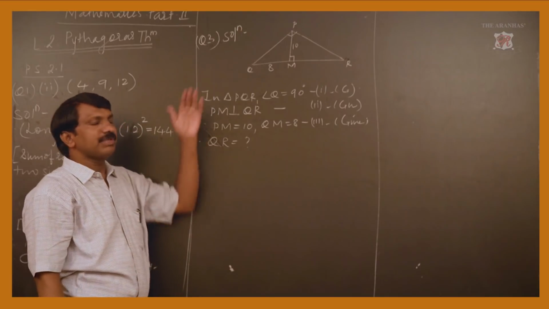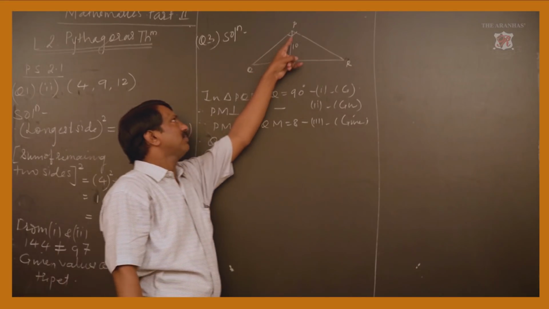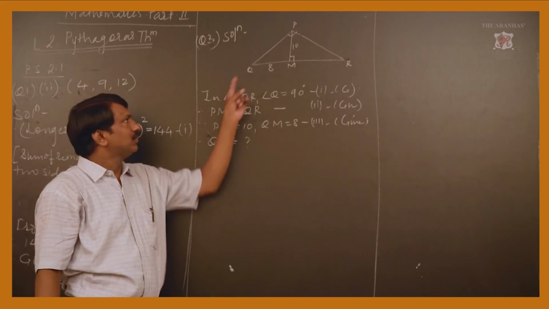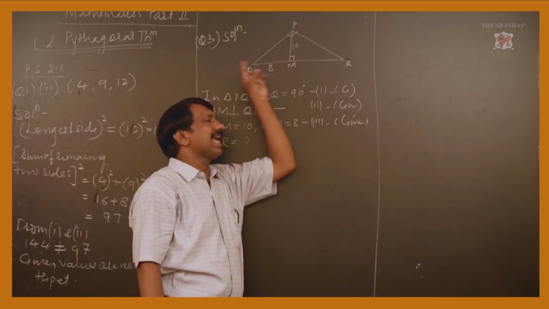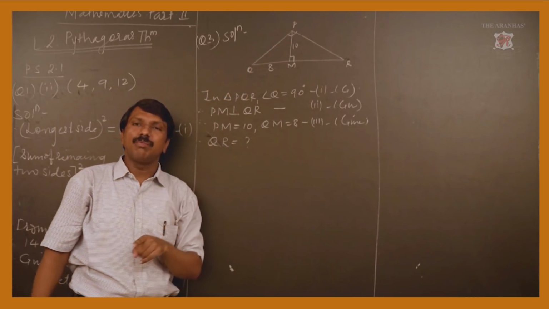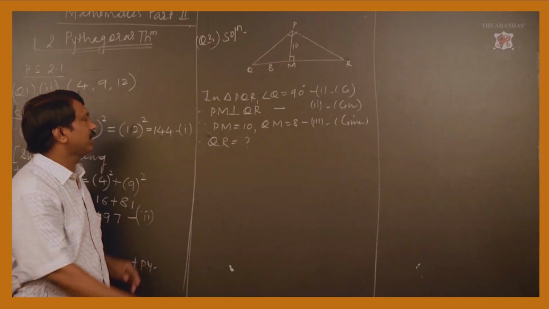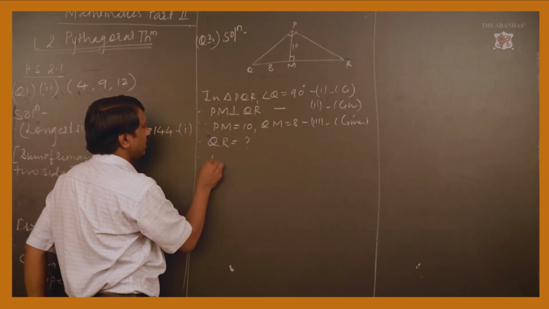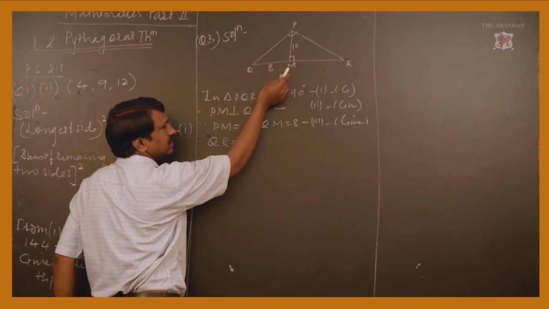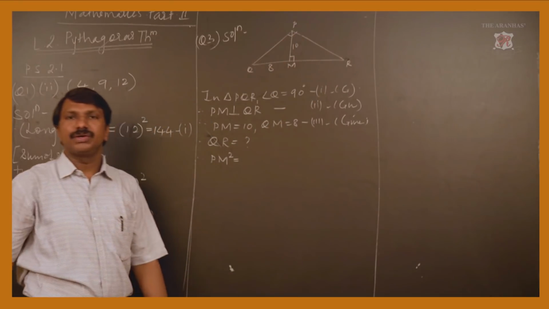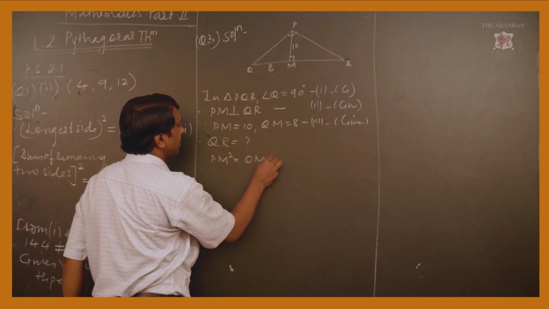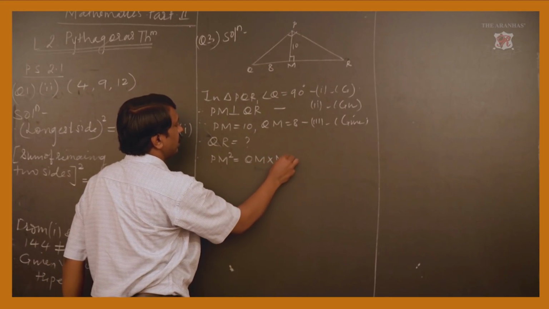So immediately we realize from the 90 degree vertex we construct the altitude on the hypotenuse. By this property, segment PM, the altitude, is known as the geometric mean, and according to the geometric mean we can find the value. So we write PM square equals the product of the parts intersected by the altitude, so QM into MR.